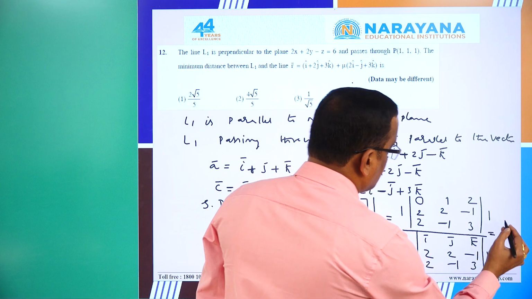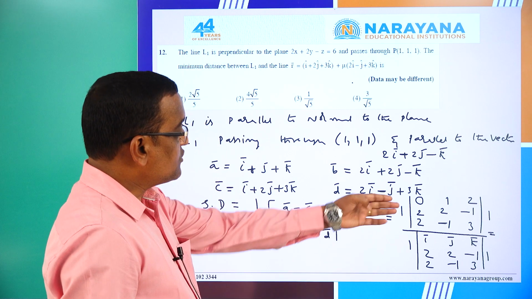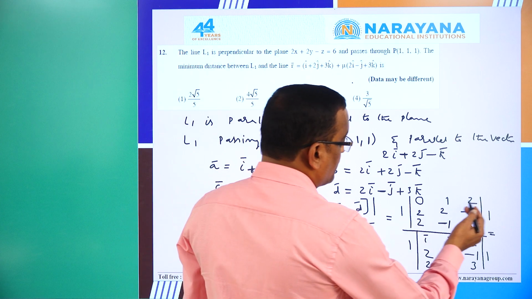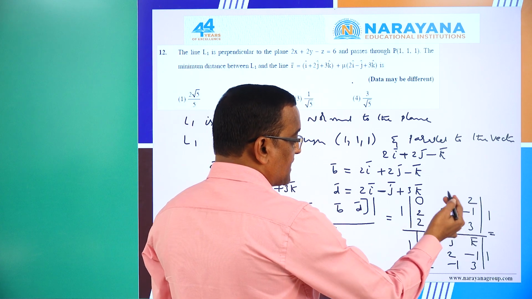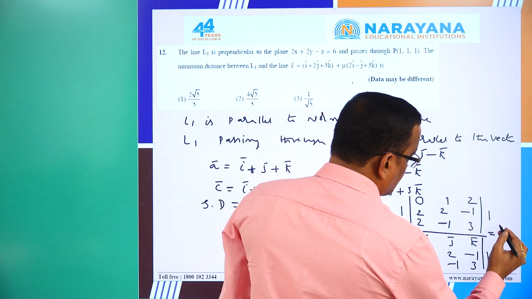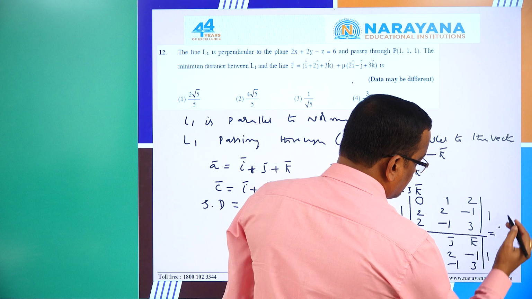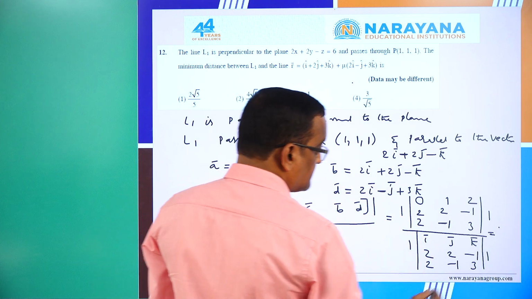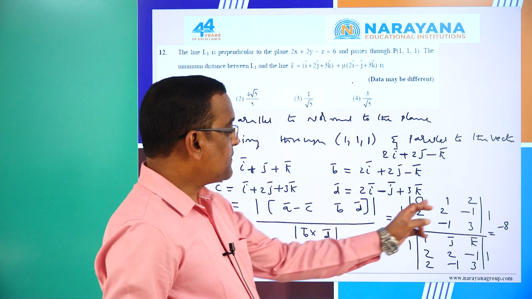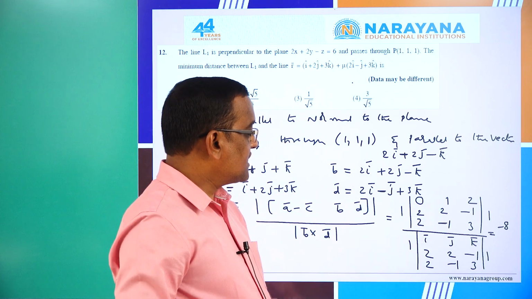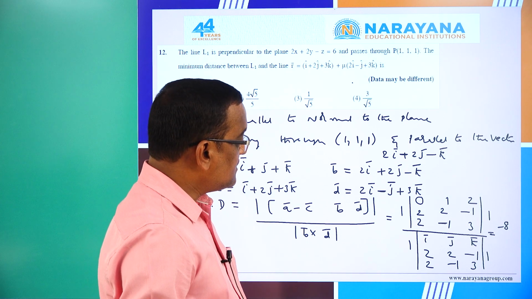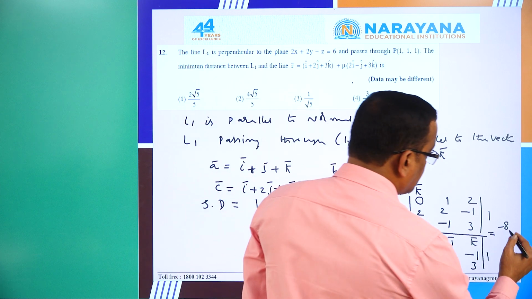We get, coming to this one, 0 into something minus 1 into 6 plus 2, 8, that is minus 8, and plus 2 into minus 2 minus 4, minus 2 minus 4 is minus 6, into 2, minus 12.